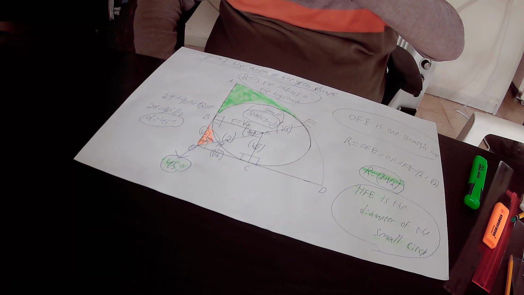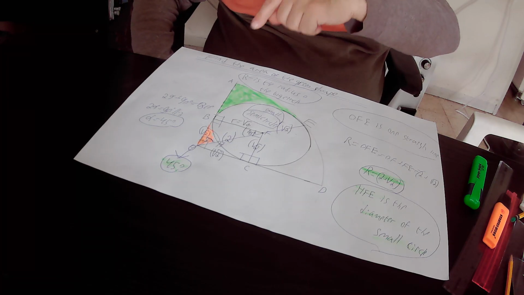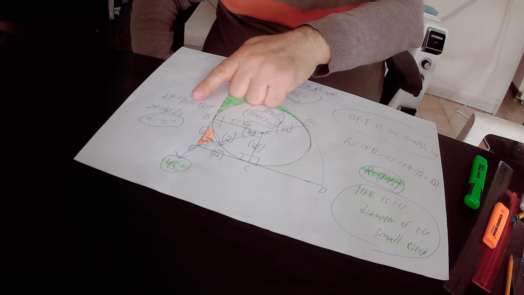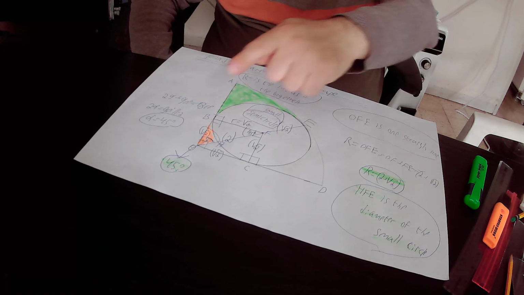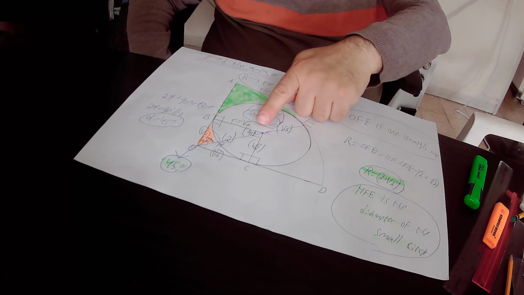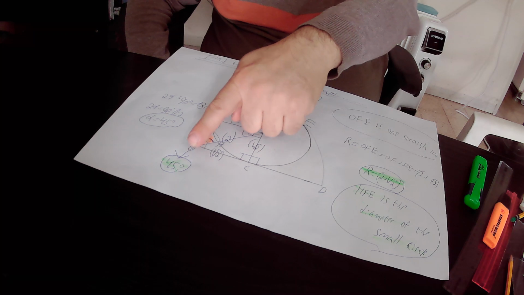So 2 alpha equals 90 degrees. Here we divided this equation by 2 and found out that the missing angle alpha equals 45 degrees. So this angle alpha equals 45 degrees, and this is also angle alpha that equals 45 degrees in its size.